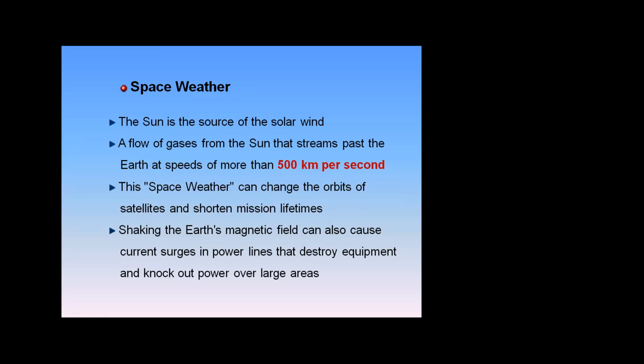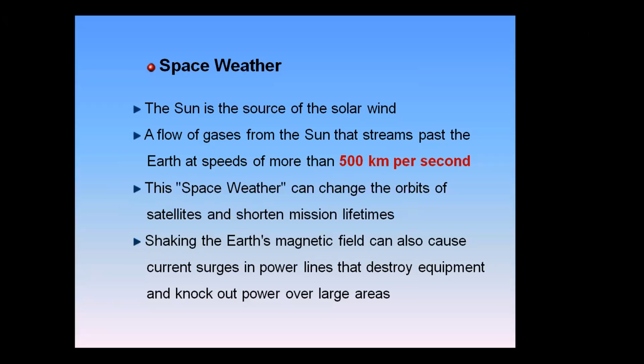So you can imagine how fast these particle streams are. Most of these particle events flow through the entire solar system, and pass through the Earth system as well with very high speeds, like 500 kilometers per second. They are very high energetic particle events.